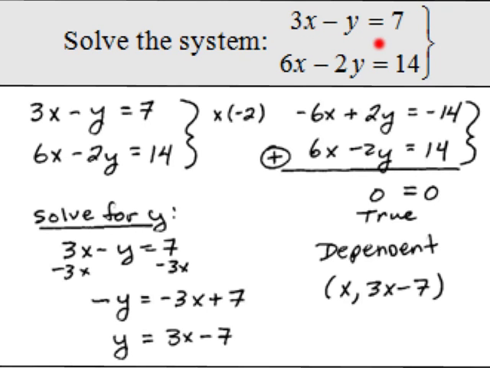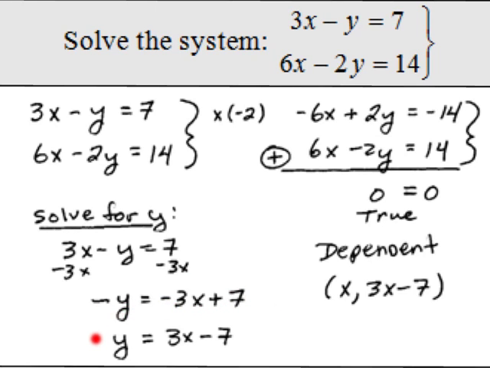All right, so let's look at this. We've got 3x minus y equals 7 and 6x minus 2y equals 14. Neither one of these says what either x equals or y equals. So we're going to have to rearrange. Look what they've done here. They're going to solve for y first by subtracting the 3x on both sides, and then they get negative y equals negative 3x plus 7.